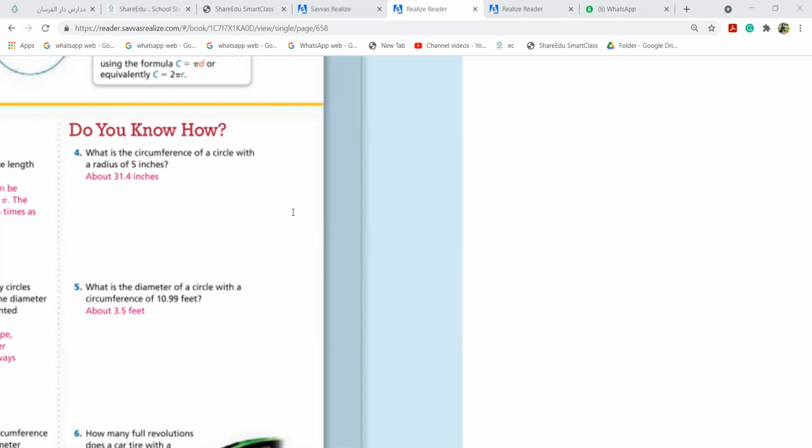What is the formula? C equals pi. Yes, very good. 3.14, that is pi. What should I multiply with? C equals pi what?